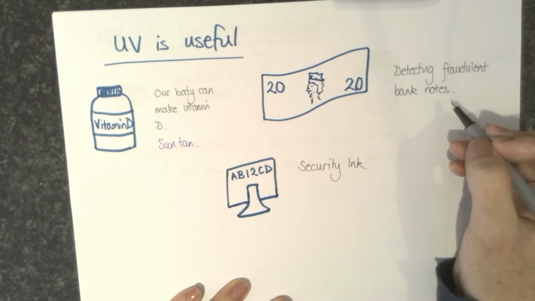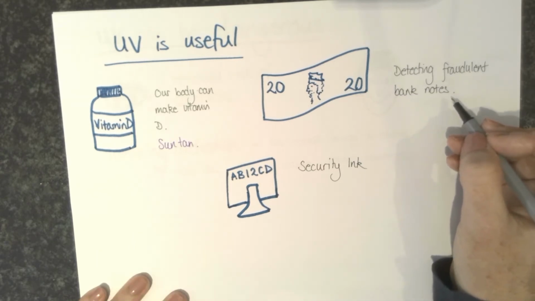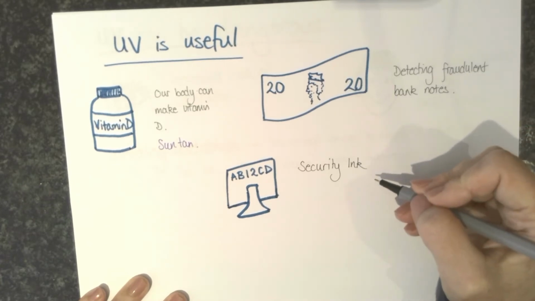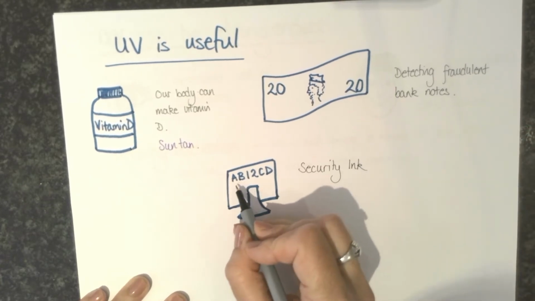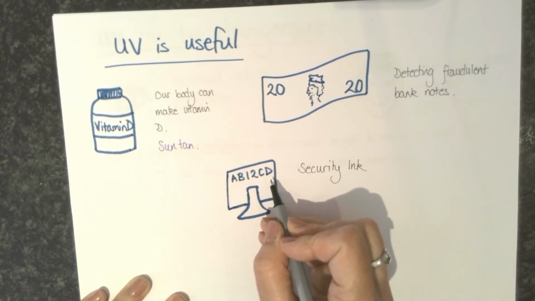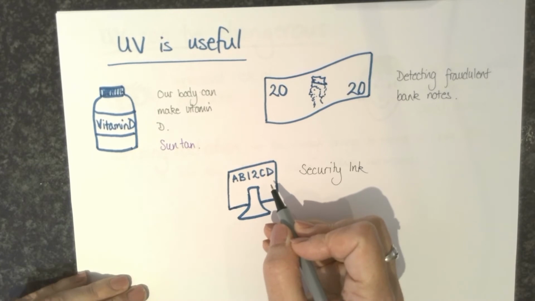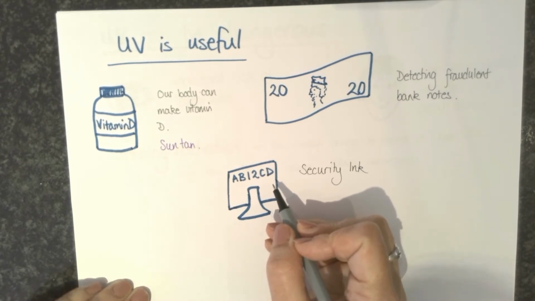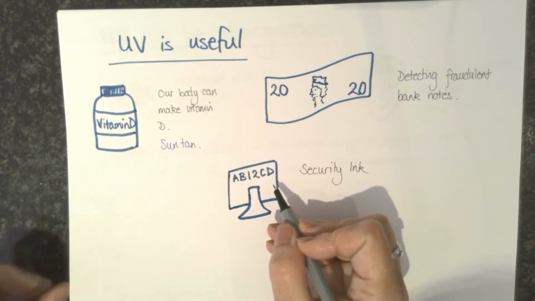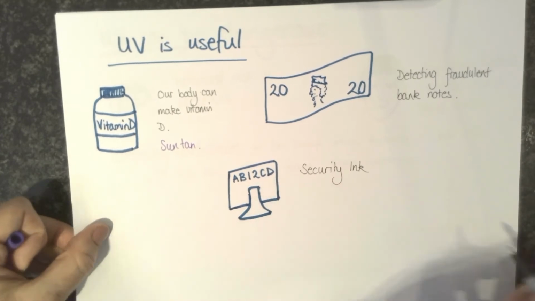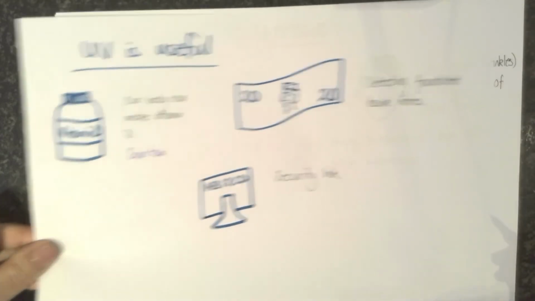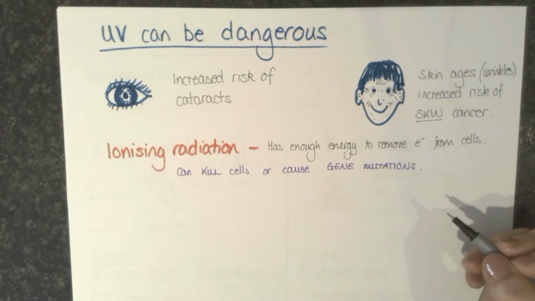We have a part in them now that actually tells us when something is a true banknote or not. And we can use it as security ink, so people can put their postcode on the back of expensive items in their house and use a UV light that makes the ink glow so that it can be seen, but the ink is invisible to the naked eye. So it's useful, but it can be dangerous.